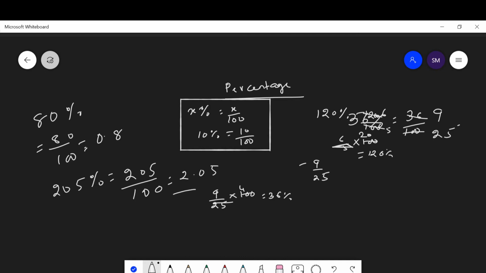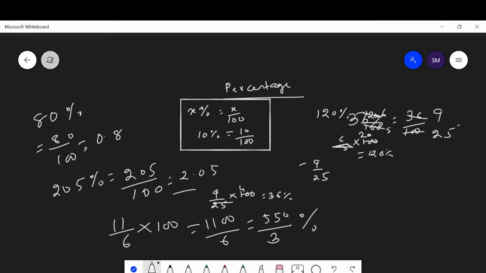Then how can you convert a rational number into percentage? Suppose 11 upon 6, the rational number, is given and you are asked to convert it into percentage, then simply multiply with 100, then you get 1100 upon 6, which means 550 upon 3%.